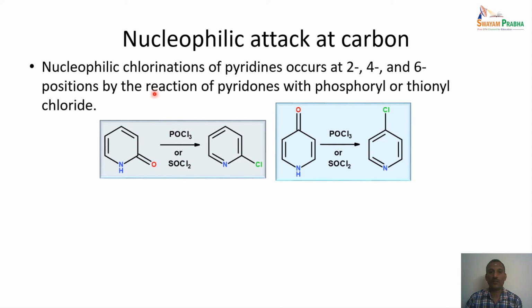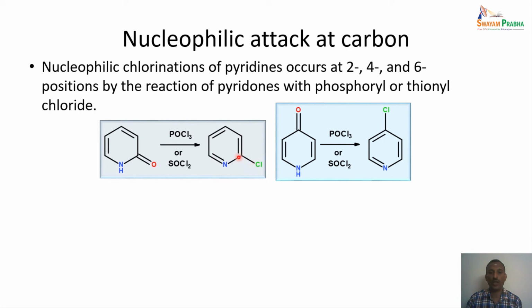Next, let us look at the nucleophilic attack at the carbon atom. So the nucleophilic chlorination of pyridine occurs basically at the 2, 4 and 6 positions by the reaction of the pyridone, that is the hydroxide derivative, and when treated with POCl3 or SOCl2 it gives the 2 halo derivative.